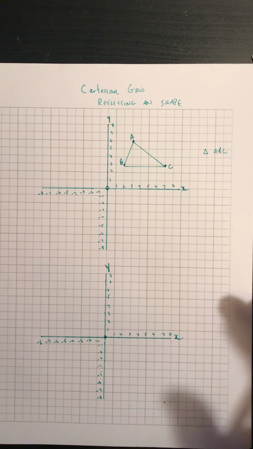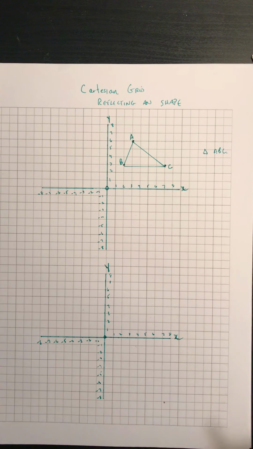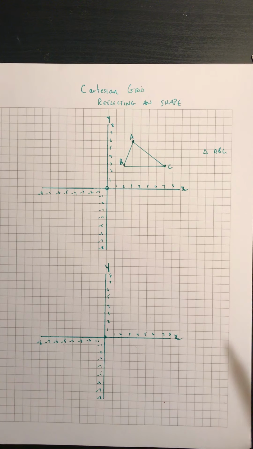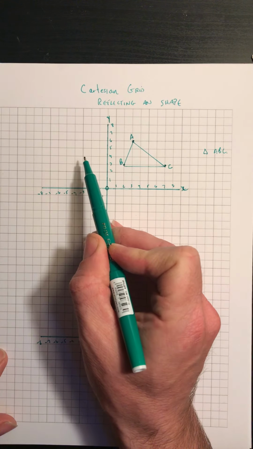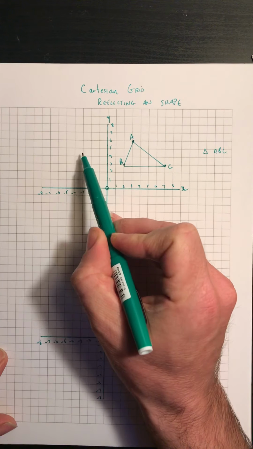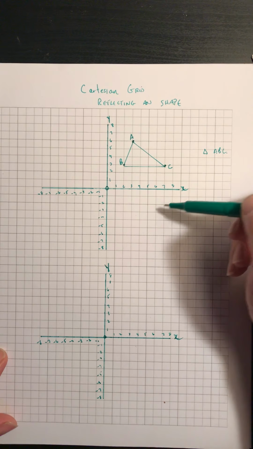The way we reflect is we have to figure out what we're reflecting over. Because we've got a Cartesian grid, we've got two lines already there we could reflect. We can reflect across the y-axis, or we can actually reflect across the x-axis.